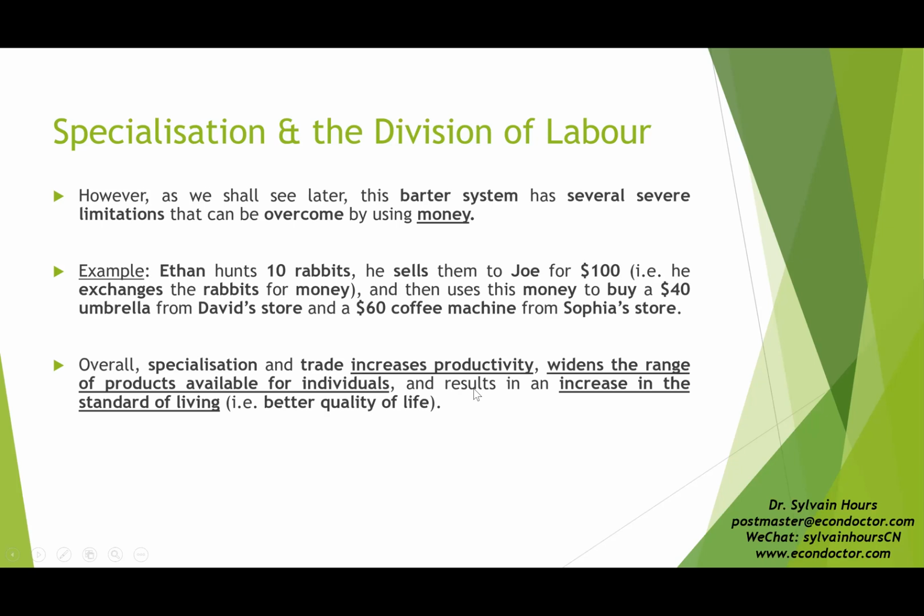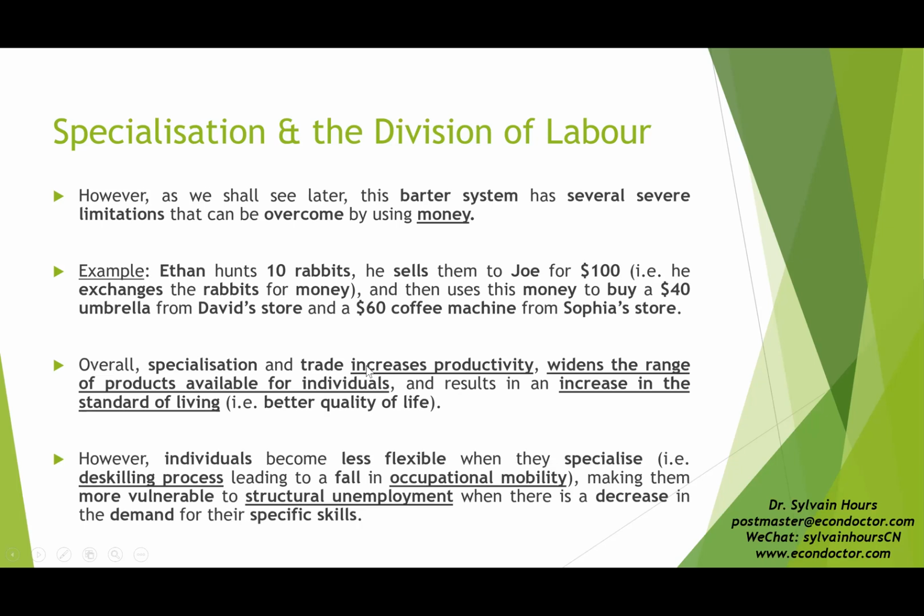Briefly mention the main benefits of specialization: greater productivity, more products available, and at the end of the day, a higher quality of life or higher living standard. But then you should also mention the limitations, the problems that we encounter with specialization. What I do is look at the limitations for individuals, for businesses, and for countries.